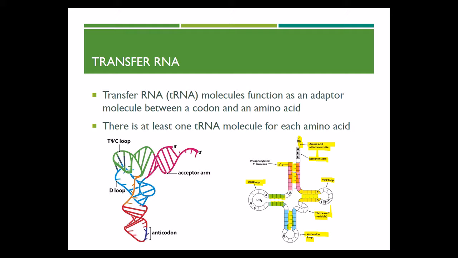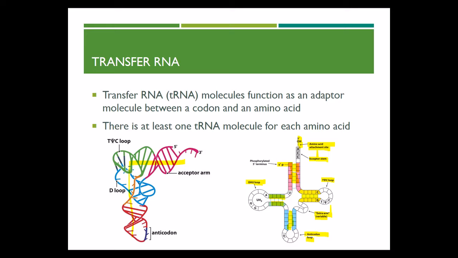Now, due to the base pairing between different elements, we have these stems that are created. And a transfer RNA then folds according to secondary structure into this L-shape structure.